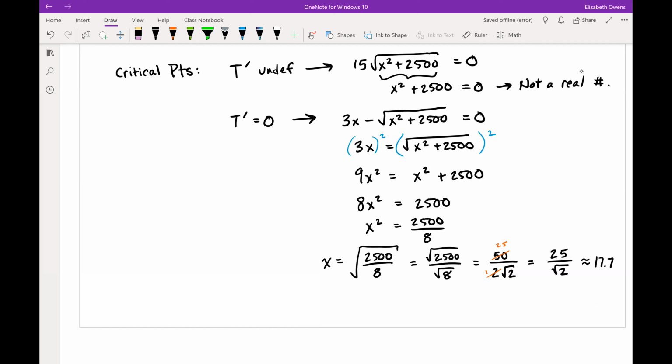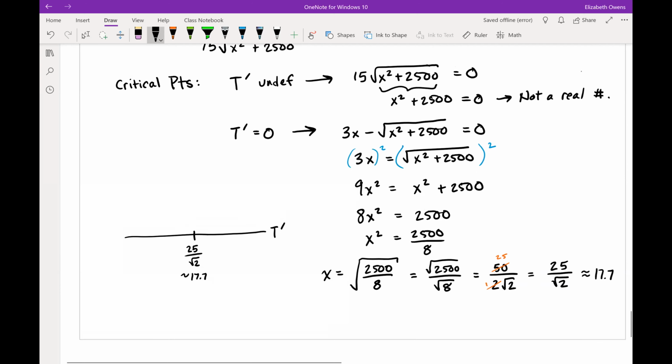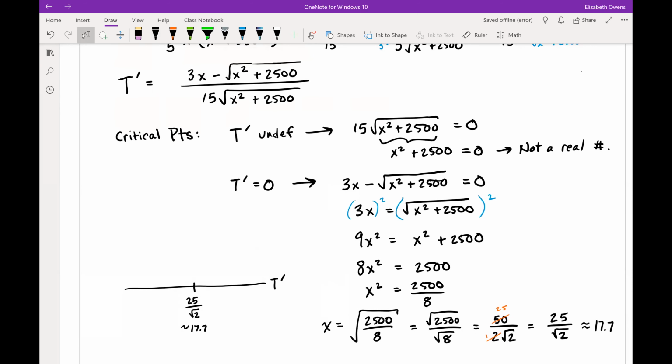Now let's verify really quickly that this is actually what we want. Okay, let's do a little quick test on t prime. Put our 25 over root 2 right there, approximately 17.7. And we just need to test the derivative on either side of that, which is a little easier said than done in this case.